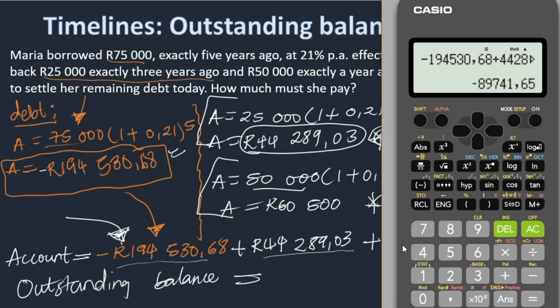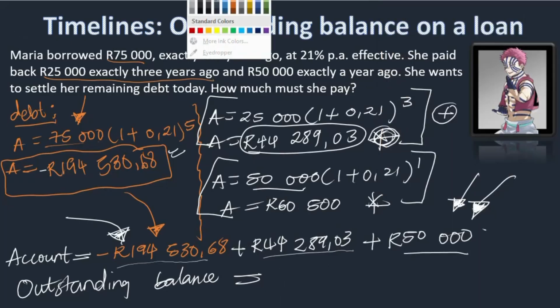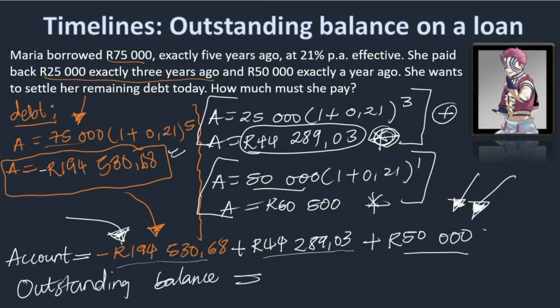Press the equal sign. So far your account is sitting at negative 89, but of course you're going to write it as a positive answer because you are telling us the amount, right? So it's negative 89,741.65. Let me put it here. You're going to give me this answer as a positive value, right?